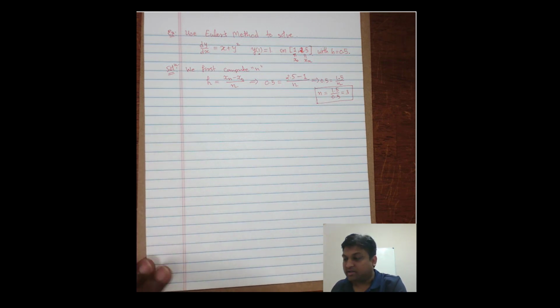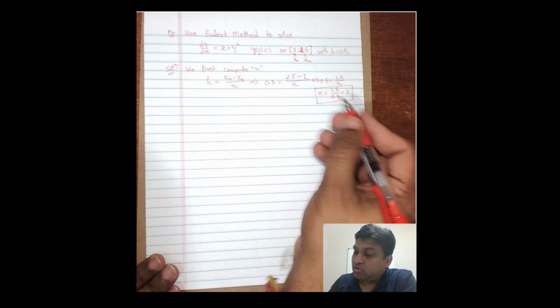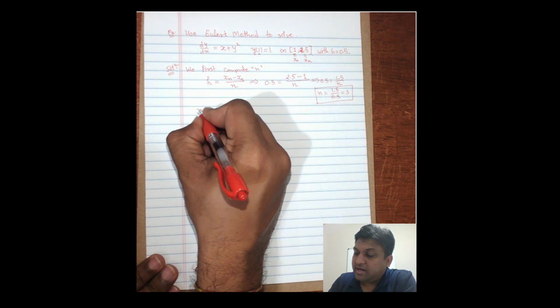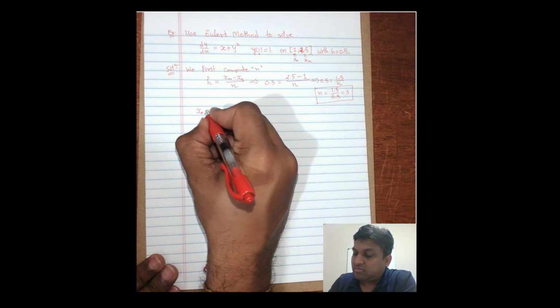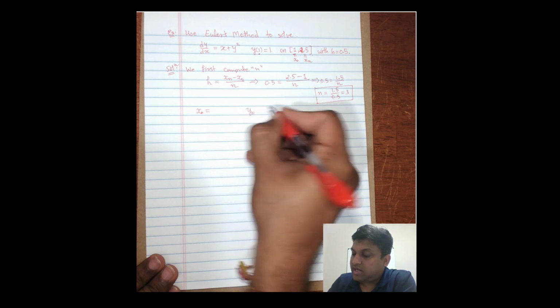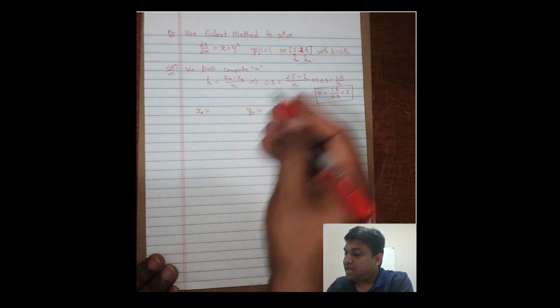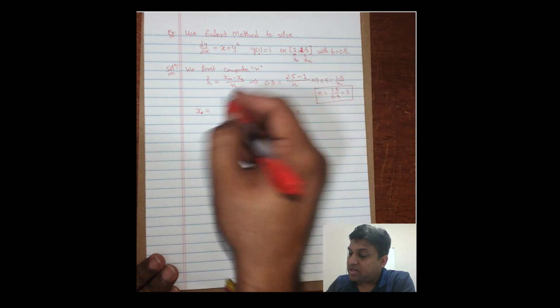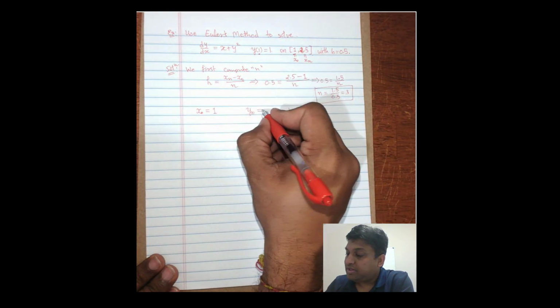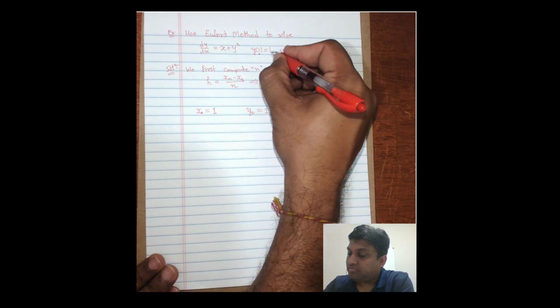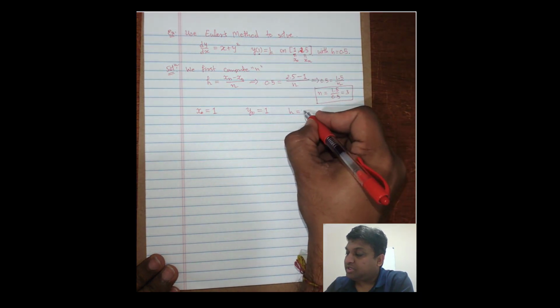Let's quickly calculate them. To calculate the first solution, I need x0, y0, and h. Let's write them down. x0 is 1, y0 is 1 as well, and then h is 0.5.